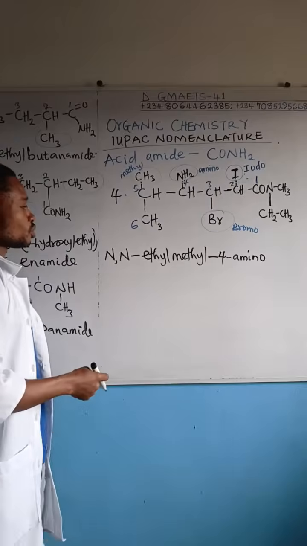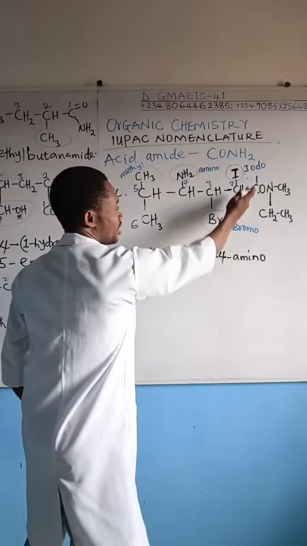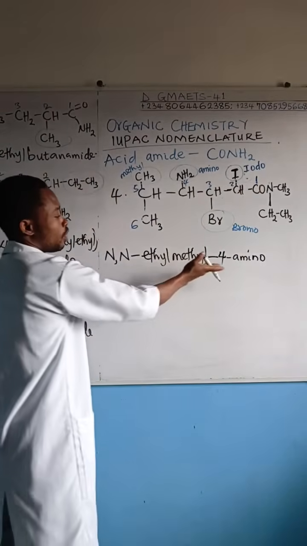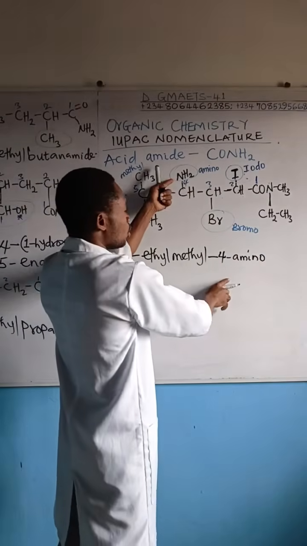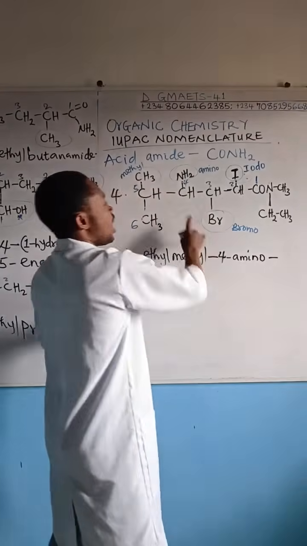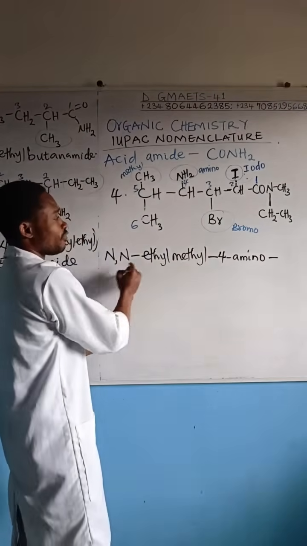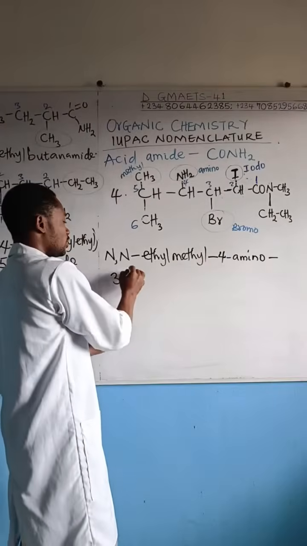Anyone who is taking this should be aware it's not just about their position that you follow up with the attachment name, but about alphabetization. Amino will come first, hyphen. After amino, you have B. So bromo will follow, which is 3-bromo.